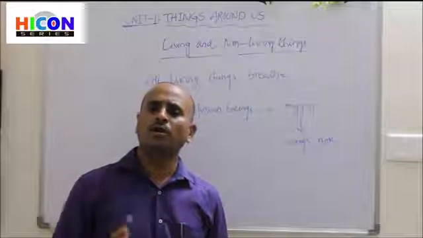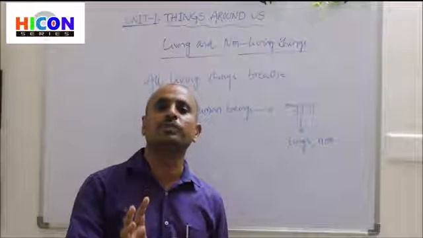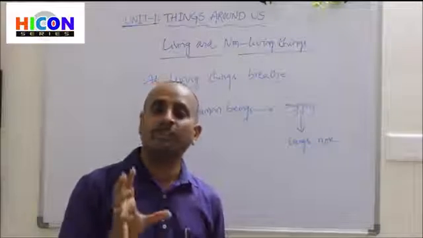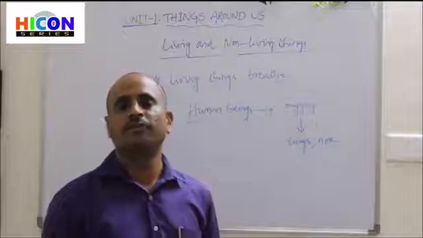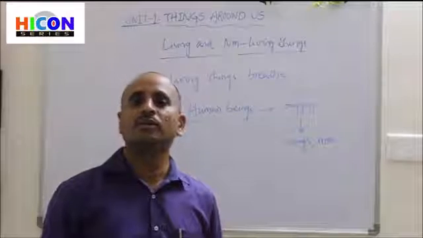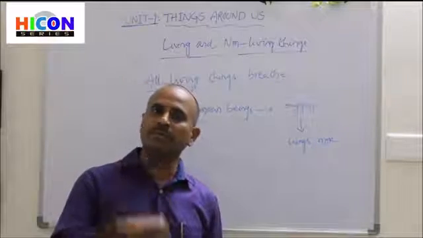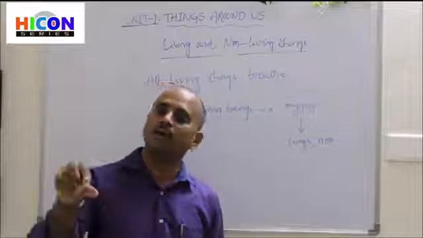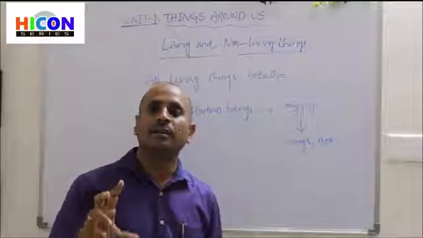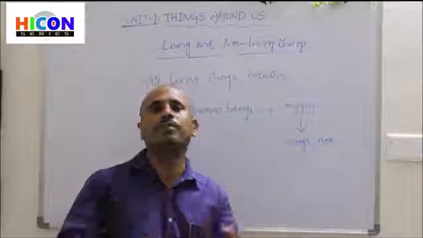So not only human beings, the birds and animals should breathe. They require oxygen, so they will breathe through their nose. The oxygen enters into their lungs, and from the lungs it will mix with the blood, and the blood will carry the oxygen to all their body parts.